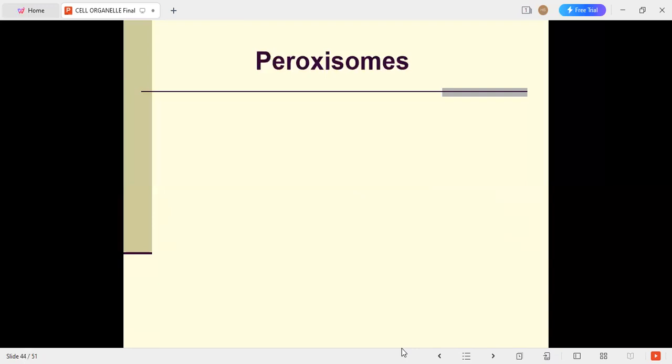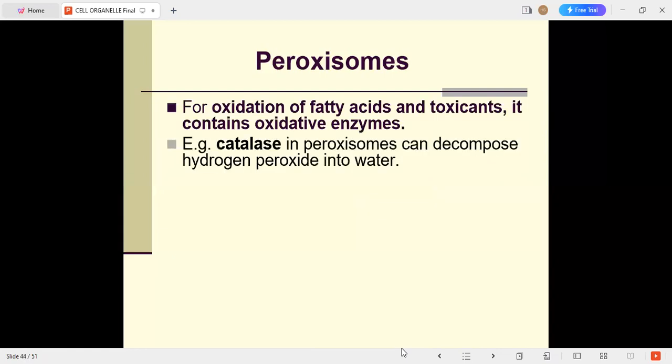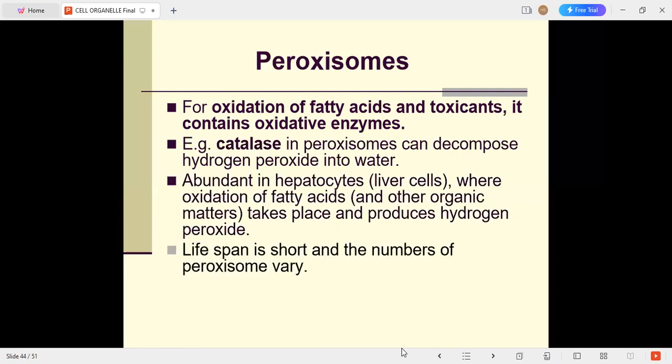The next organelle is the peroxisome. For the oxidation of fatty acids and toxicants, it contains oxidative enzymes like catalase. Peroxisomes can decompose hydrogen peroxide into water. These peroxisomes are abundant in hepatocytes, where oxidation of fatty acids and other organic matter occurs and produces hydrogen peroxide.